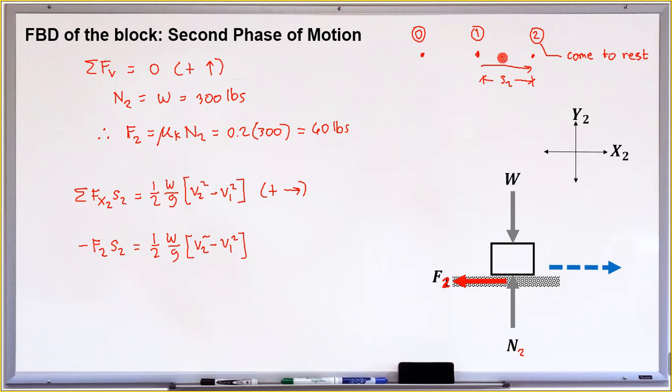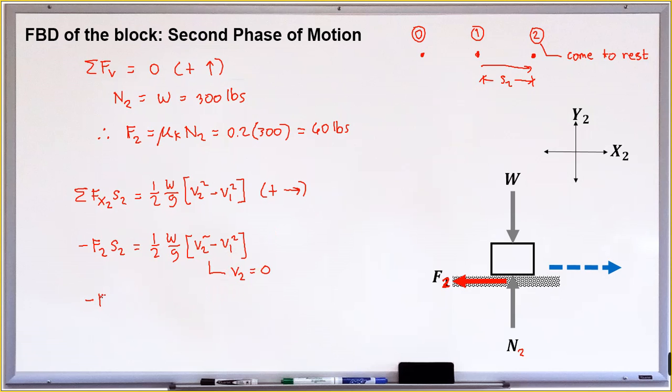Mao ingon nga unsa pa siya kalay-a nga mo dagan nga ato na magikuha ang 100 pound nga force. So therefore, ang ato ang final velocity ana is mag-zero na, meaning ni come to rest na siya. So therefore, our V2 is equal to 0. Okay, ni come to rest naman siya.